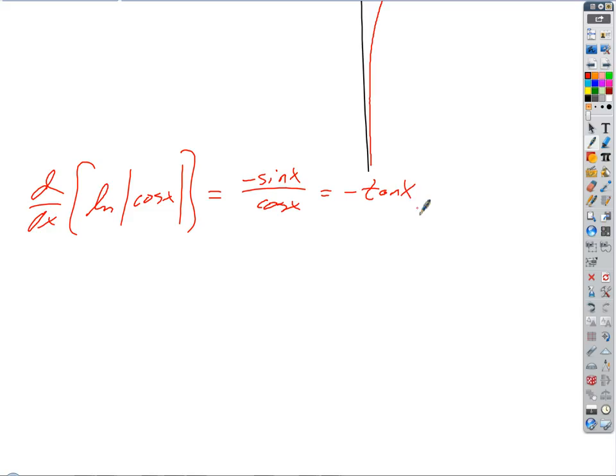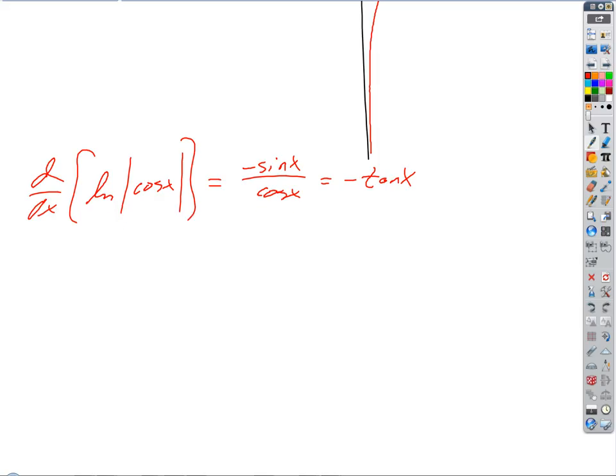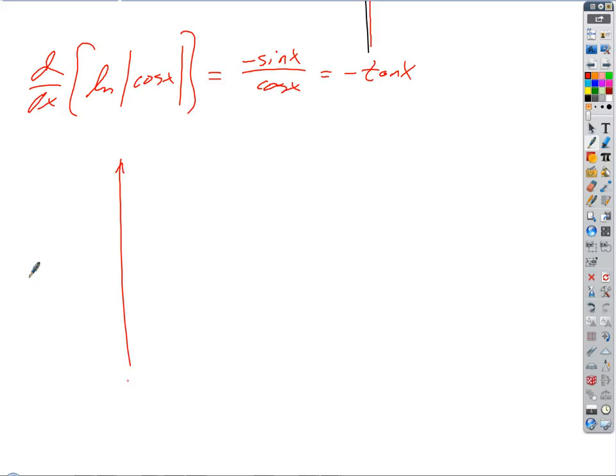It's absolute value, isn't it? No, because what we're finding is a derivative here. See what I'm saying? Kind of. That's good. So what does the absolute value of cosine look like? If we were to graph a cosine function, it just looks like this, right?